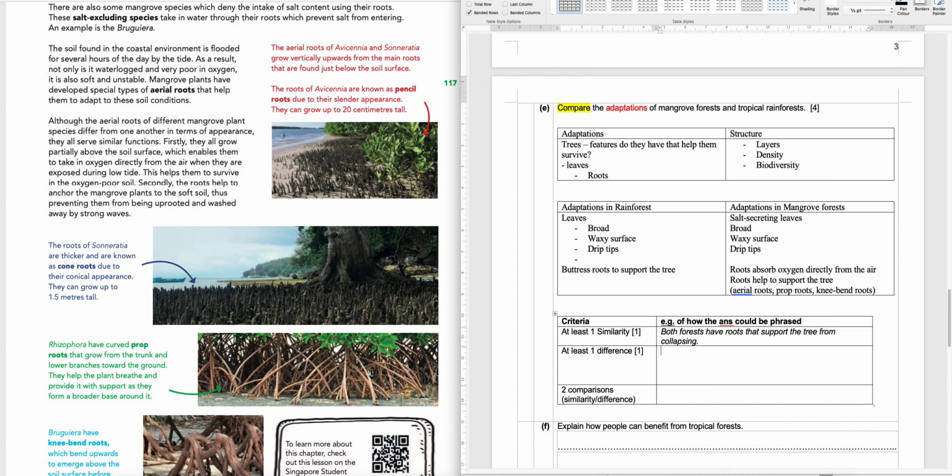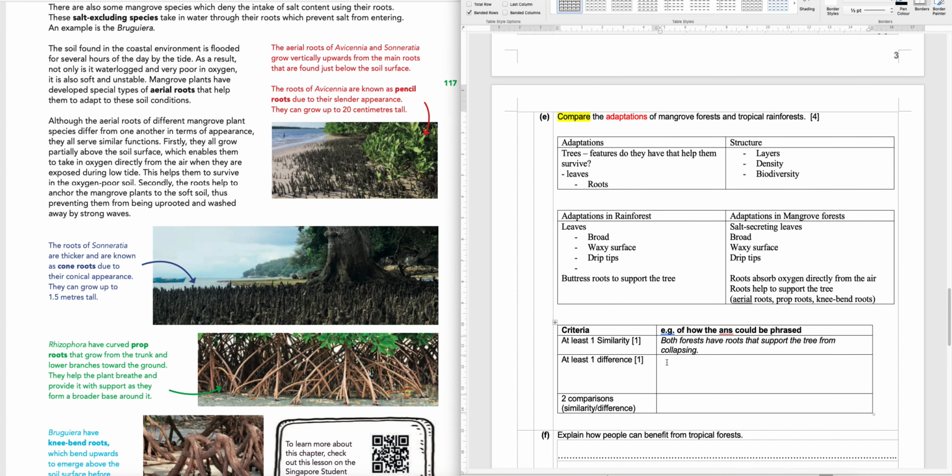Difference, well, maybe buttress roots in tropical rainforest are meant to support the tree and are shallow to absorb the nutrients at the surface, but mangrove roots absorb oxygen directly from the air. Then how do we show it's a difference?